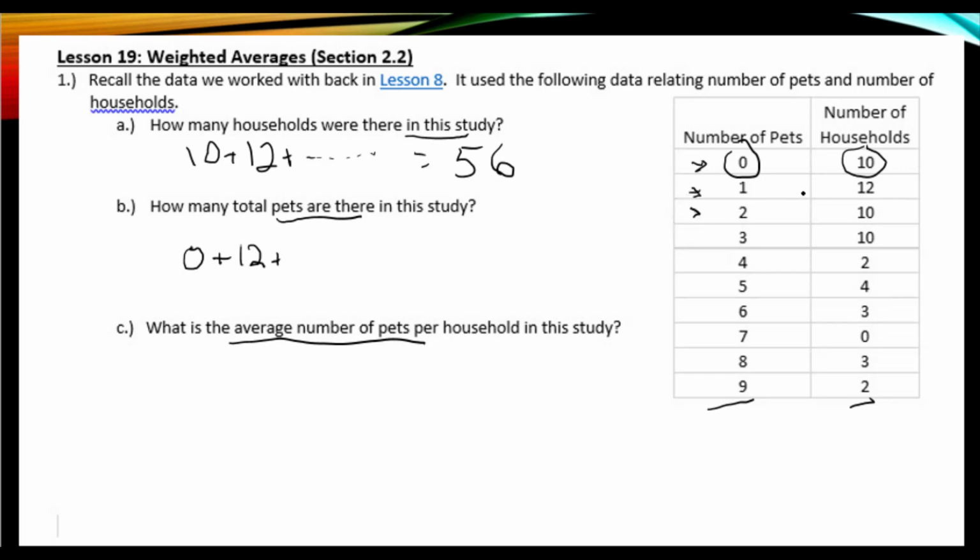I have 10 households with 2 pets in each household, so that's 20 pets. And now here I have 10 households with 3 pets in each household, so that would be 3 times 10, or 30 pets.